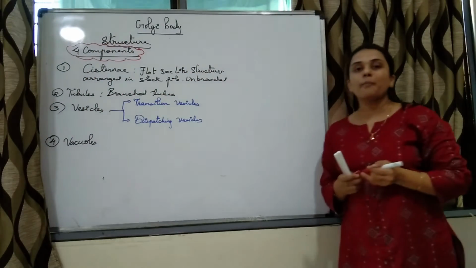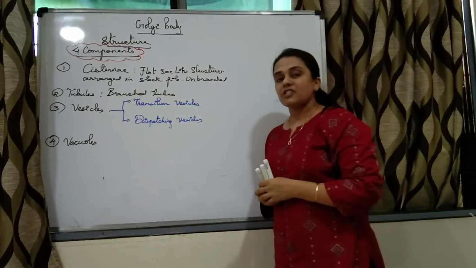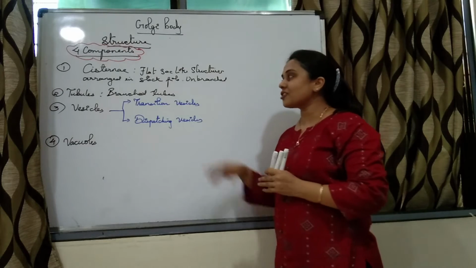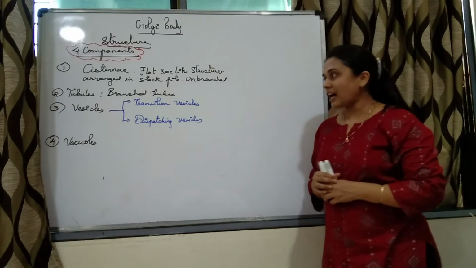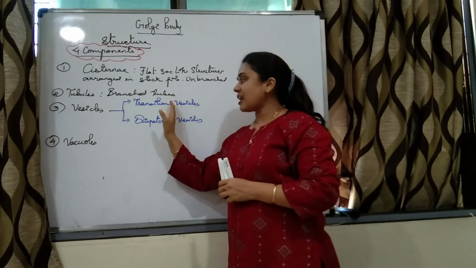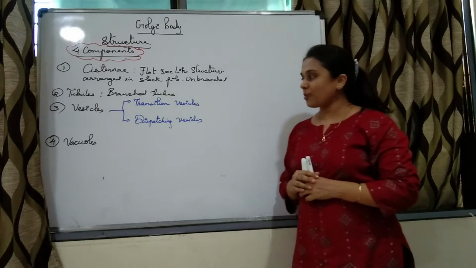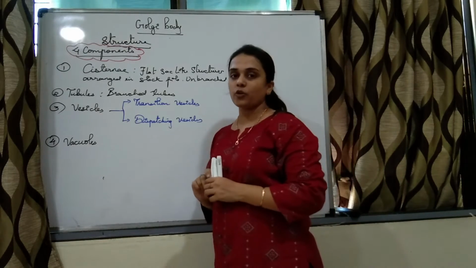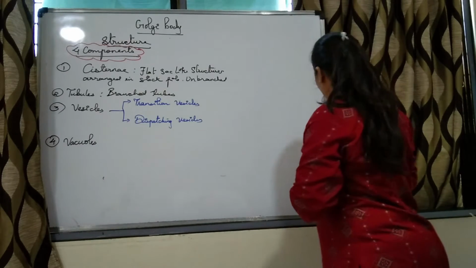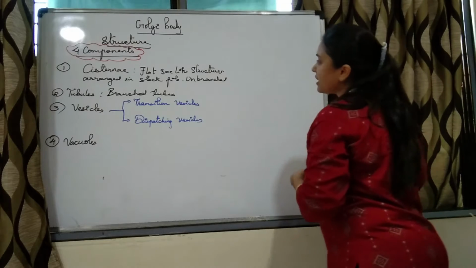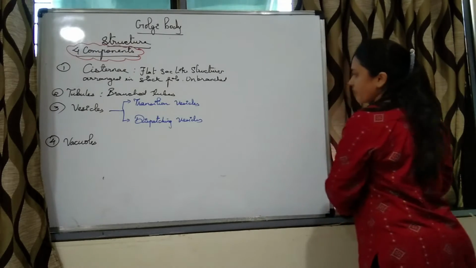It is made up of 4 components: cisternae, which have flat sac-like structures; tubules, which are branched; vesicles, transition and dispatching vesicles; and vacuoles. We will draw the structure of Golgi body and then you will understand it in a better way, right?